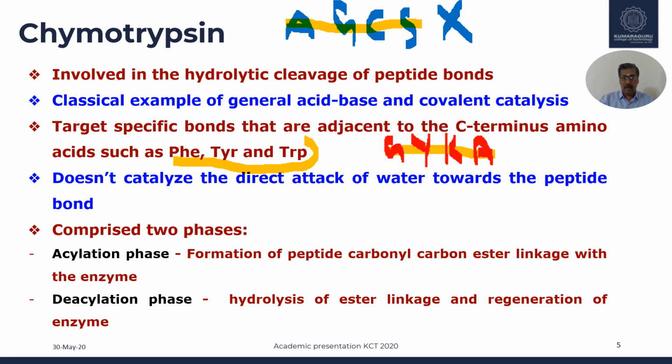Now the question is whether chymotrypsin will act, right? I will extend this, so here again there is alanine. Now, will chymotrypsin act? Yes, because there is the target amino acid Y.